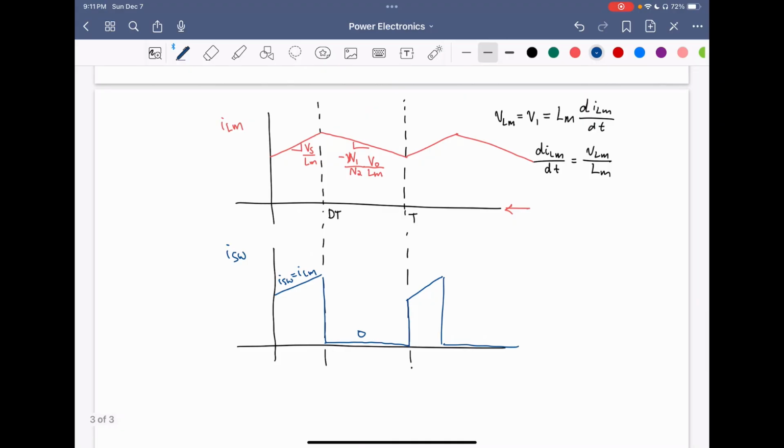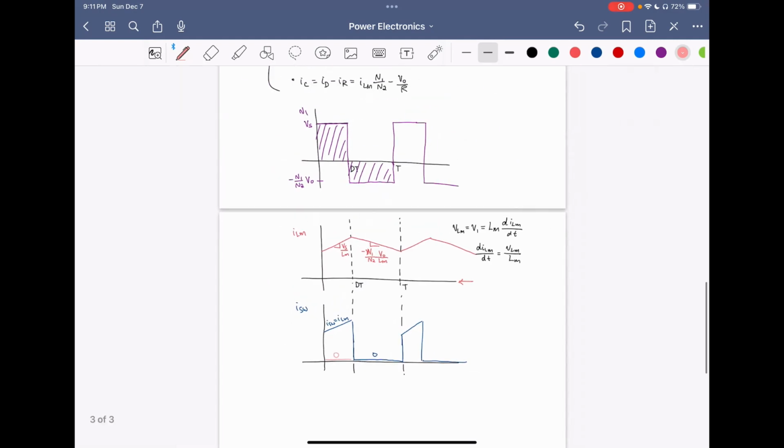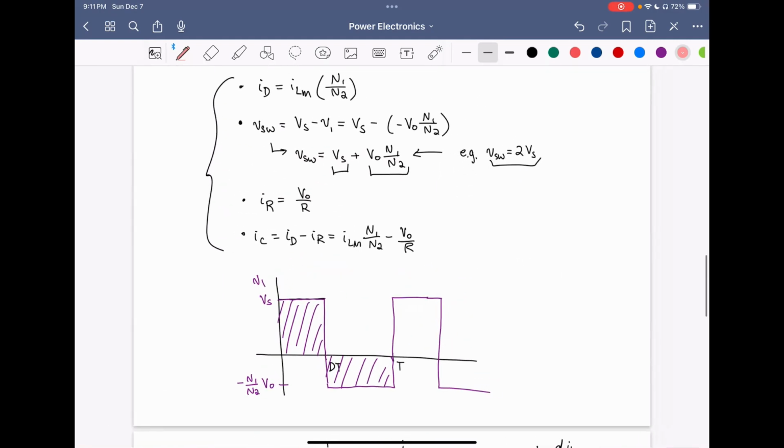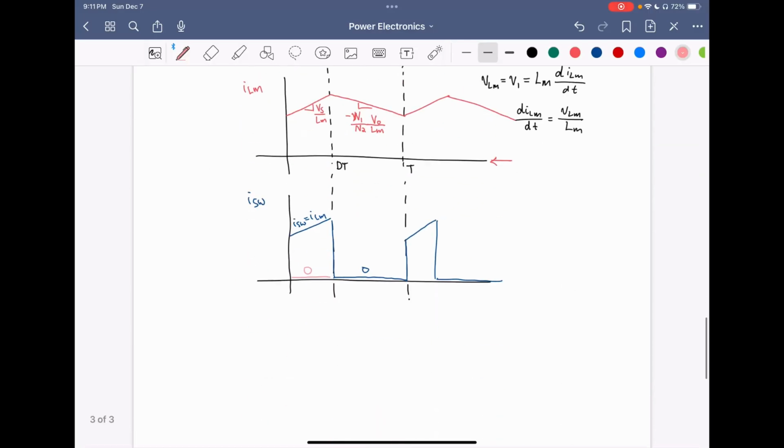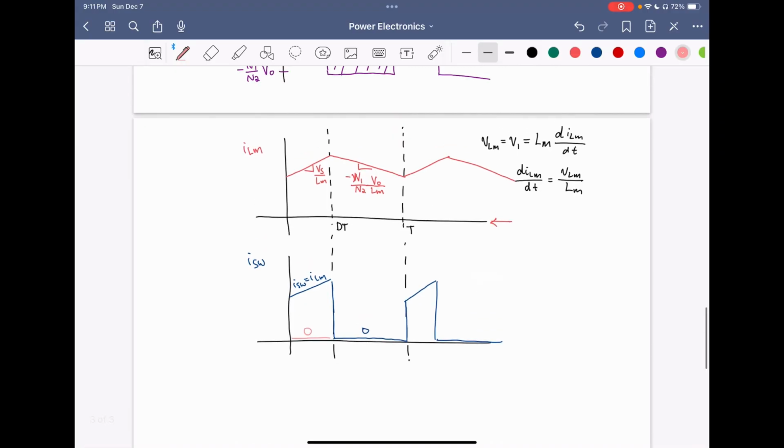And if we want to look at the diode current, it is going to be equal to 0 in the DT interval. In the D prime T interval, we have solved for ID as the magnetizing current times N1 over N2. So it's going to be some scaled version, like so.